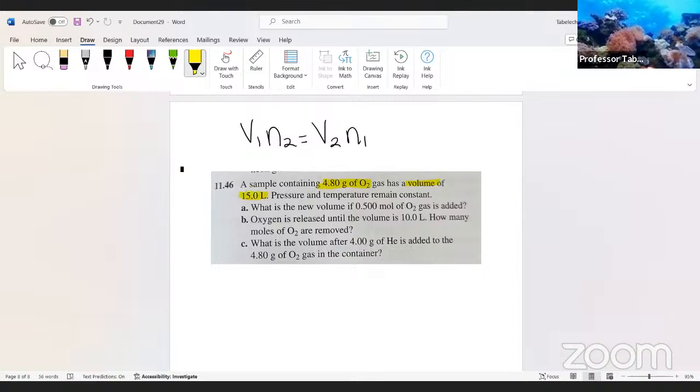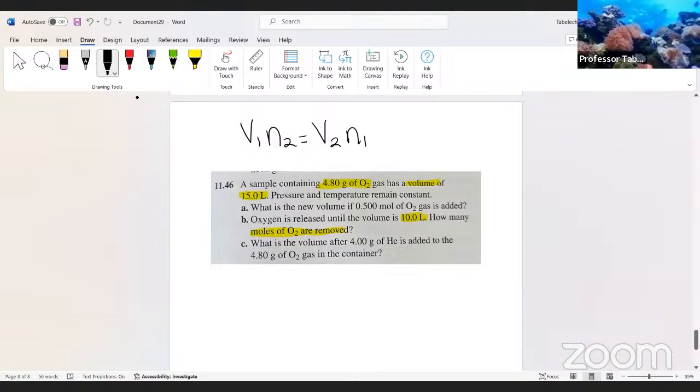Remember, pressure and temperature remain constant. Letter B says oxygen is released until the volume is 10.0 liters. How many moles of oxygen are removed? Okay, so that was a lot said in the problem, but we're going to break it down, okay?